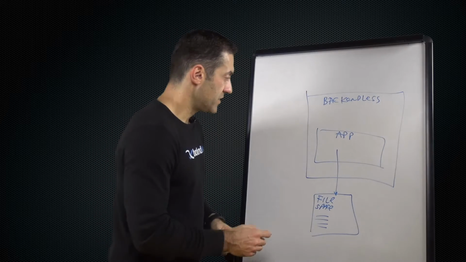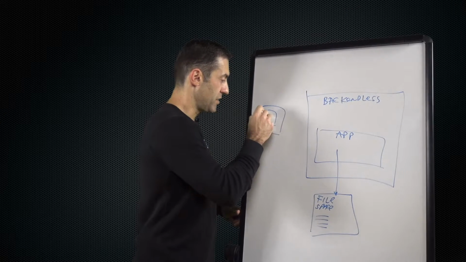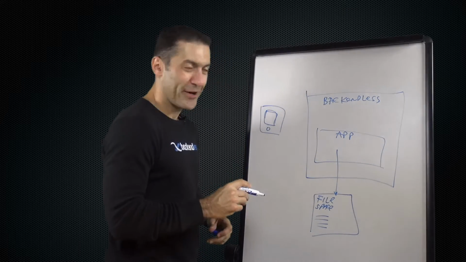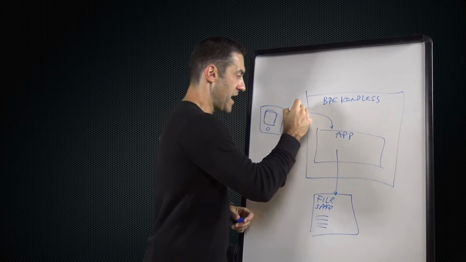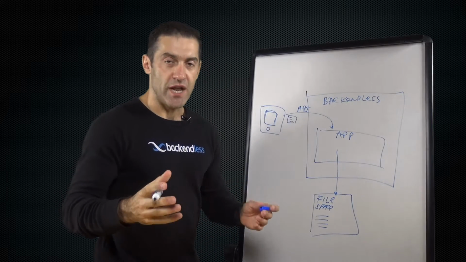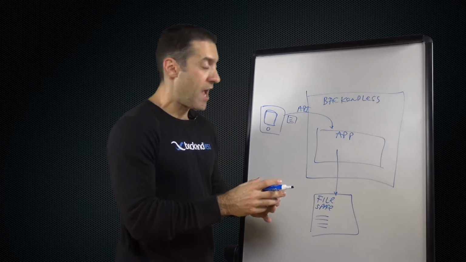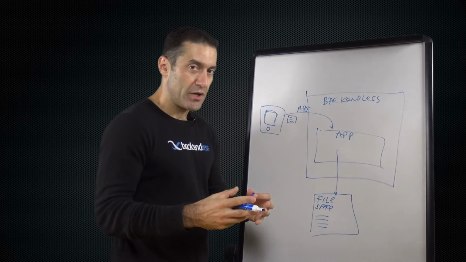But the point of this diagram is that if this is your application, and let's say this is a very primitive drawing of a mobile phone, using the API, so this is the API call, you can take just a set of bytes. It could be a snapshot of the camera on this device. It could be just a set of bytes that your application puts together.